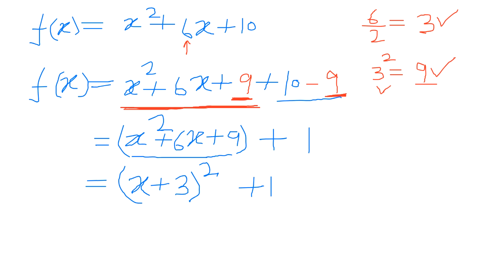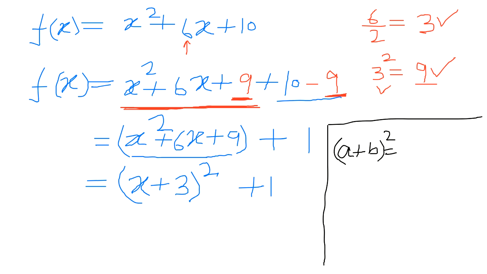I'm writing the rule here. See this here, writing the rule. A zayed B tarbiya isawi kam, A tarbiya zayed itnain darb A B zayed B tarbiya, hada kanun.